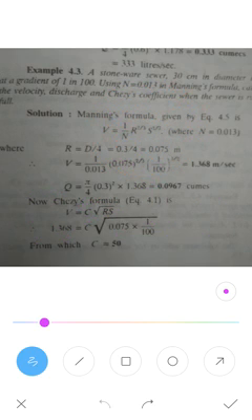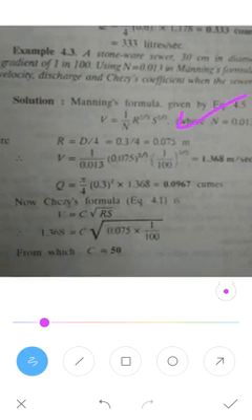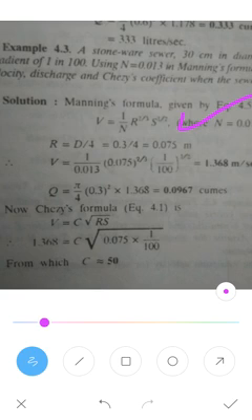Write Manning's formula: V is equal to 1 by n R to the power of 2 by 3 S to the power of 1 by 2, where R is the mean hydraulic radius and S is the slope. Whenever it is running full, you have to take R equal to d by 4.